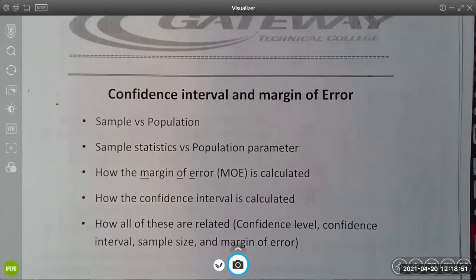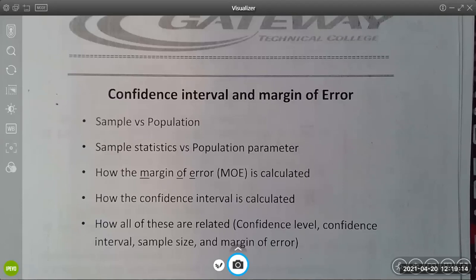But usually when people do a poll to find out how many percent of voters support Trump and how many percent support Biden, they take a small number of voters to ask that question. Are you a Trump supporter? Are you a Biden supporter? And such.